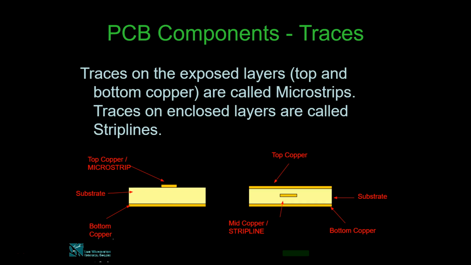Board fabrication is also less expensive with microstrip, since the layer structure of one plane and one signal layer makes the manufacturing process simpler. Whereas in strip line, it can be more complex to manufacture because of its design.